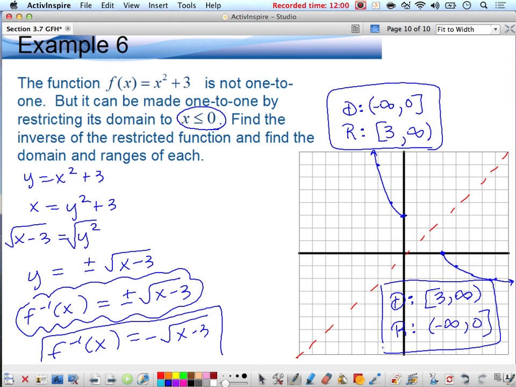So you know how up to now we've told you, oh, you have to graph it to find the range? The way to algebraically find the range is first find the inverse. And the domain of the inverse is the range of the original function. So that's the way algebraically to find the range. Takes a lot of time though, so most students would just rather look at the graph.